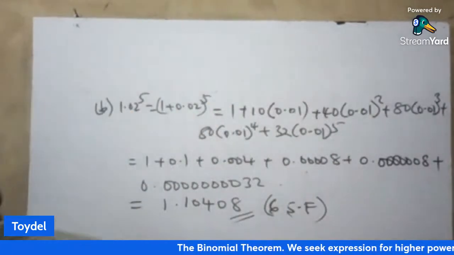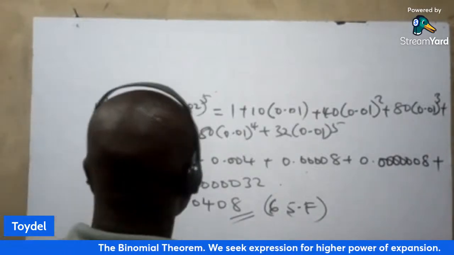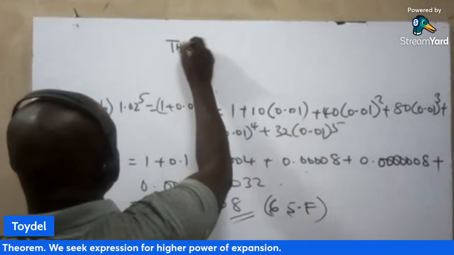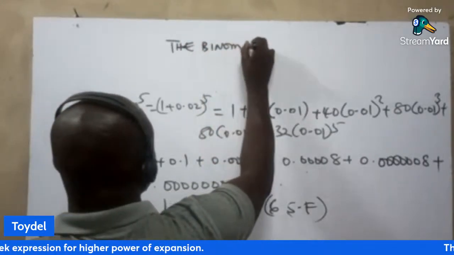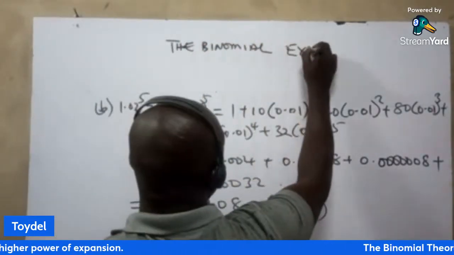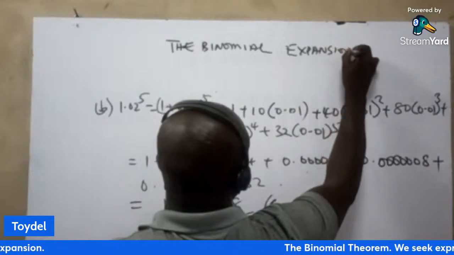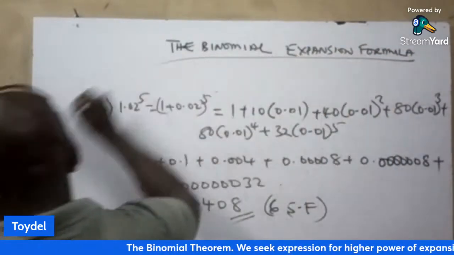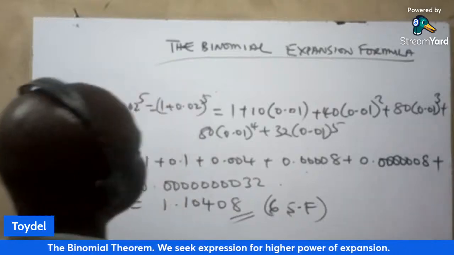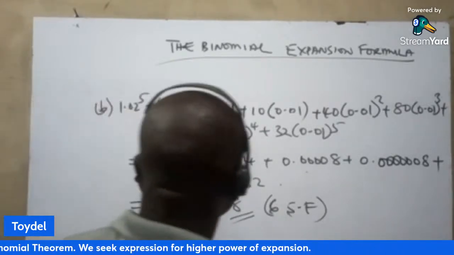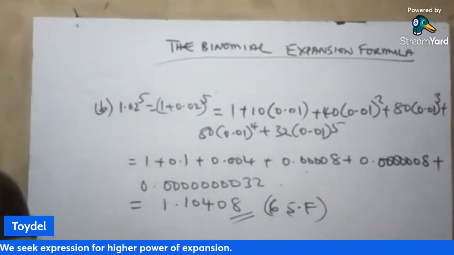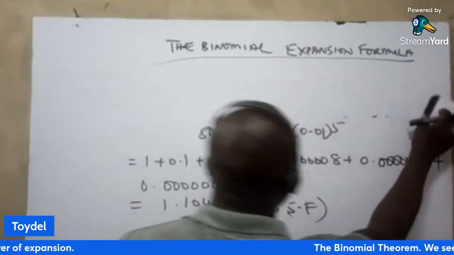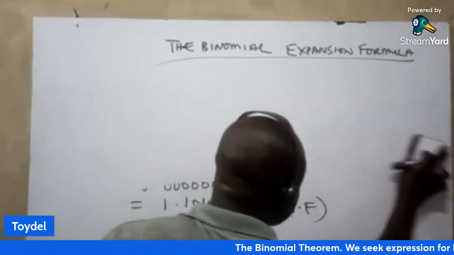As I've said earlier, under binomial expansion, we can use 2 methods: Pascal's triangle, or the second method, which is the binomial expansion formula. This binomial expansion formula has an advantage over Pascal's triangle in the sense that if you have x plus a raised to power 20, and of course in the long run we are going to truncate, we know what to do.